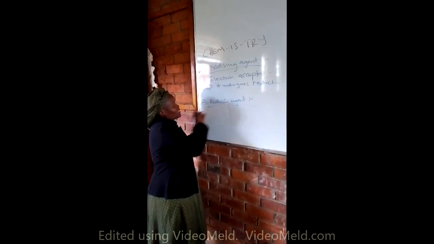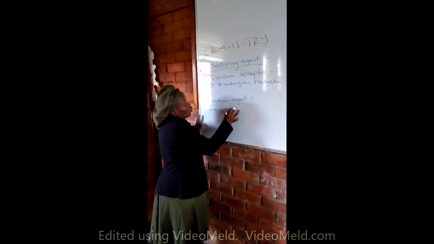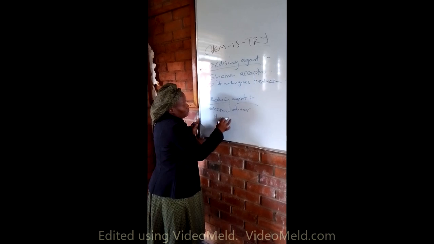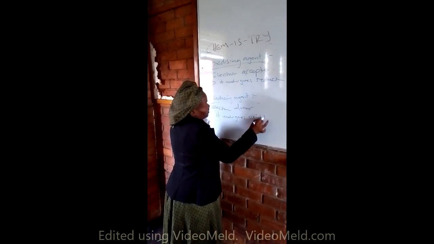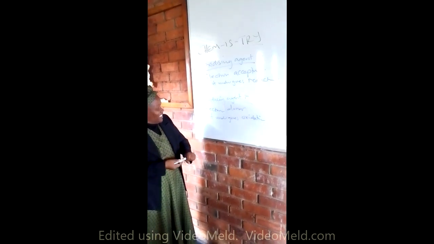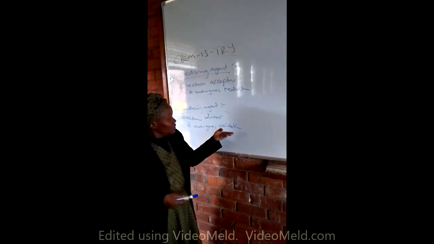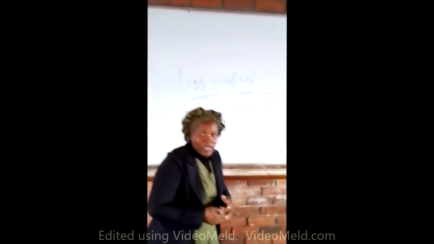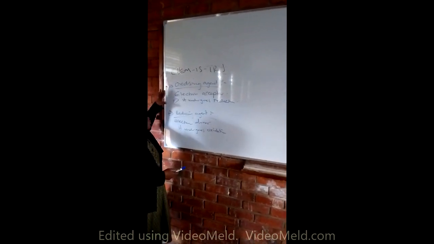So a reducing agent is an electron donor. Hence, it undergoes oxidation, which is the loss of electrons. So as the reducing agent gives the electrons, the oxidizing agent will gain.